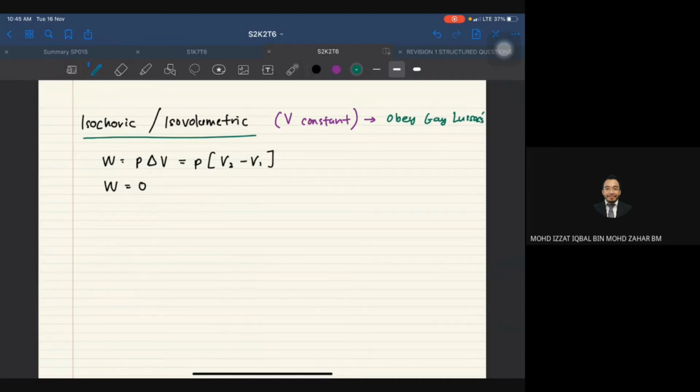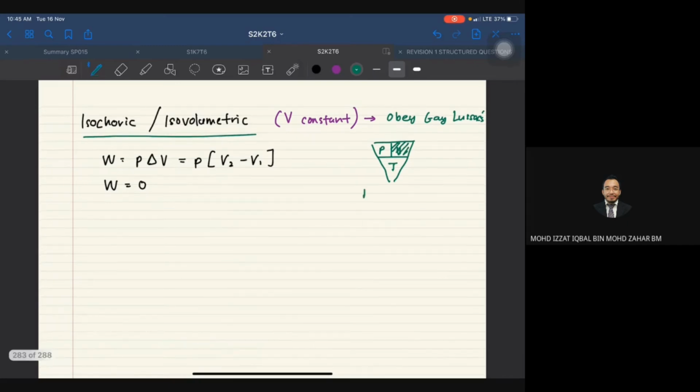Obey Gay-Lussac. So kalau V constant daripada triangle tu, if you guys remember, P, V, T, V is constant, so you expect to have P over T equals to P over T. Okay, so this equation is valid for this process.